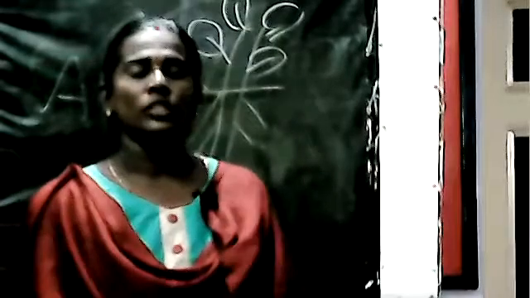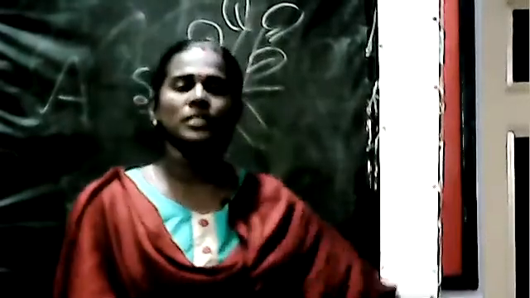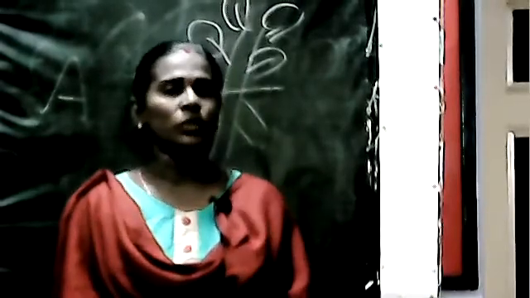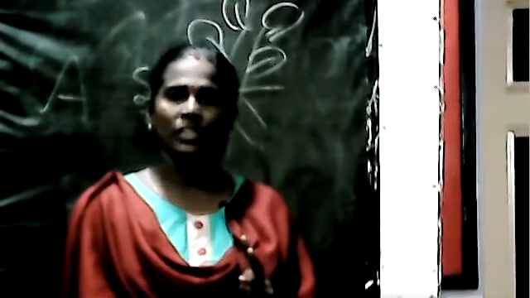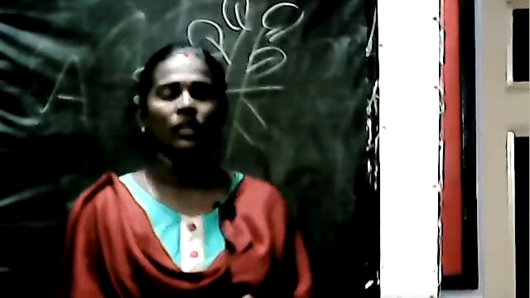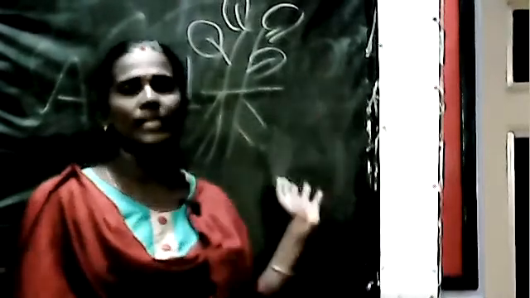And next, the fruit vegetables we have learnt: pumpkin, brinjal, tomato. These are all fruit vegetables. Leafy vegetables we have learnt, what is it? Cabbage, lettuce, spinach, coriander. When I ask you to name the leafy vegetables, you should tell the names of the particular vegetables.